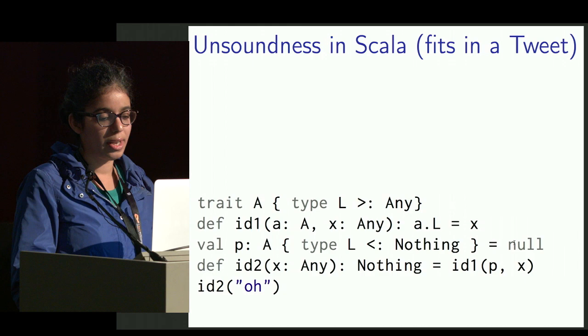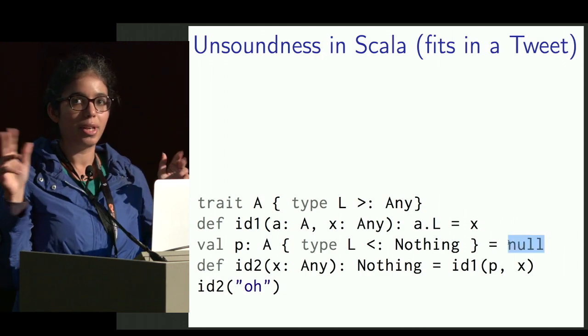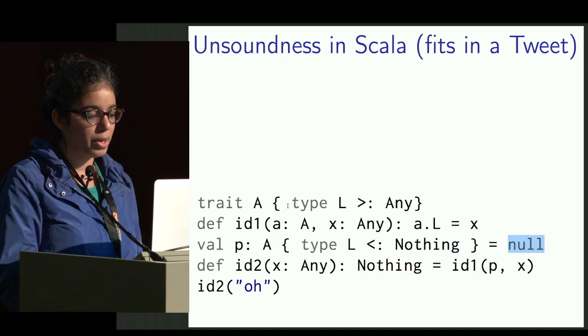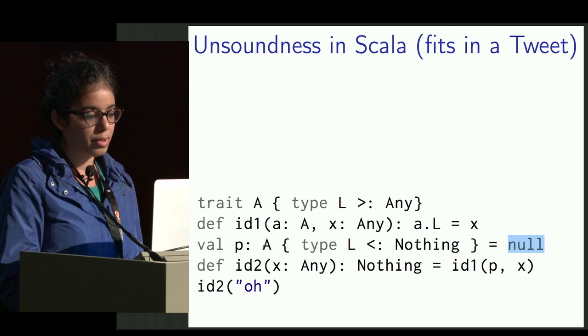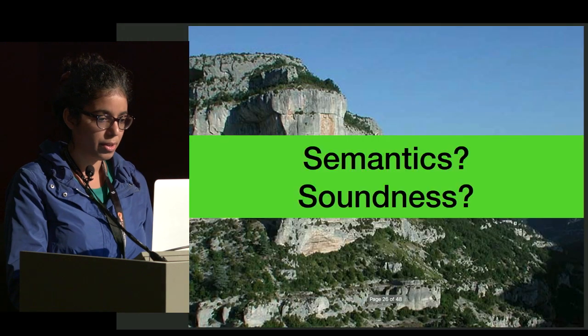And because we're just setting it to null, we don't actually have to show that we have a real object of this type. We're just bypassing that. It is through these bad bounds that we are able to go from an S of any to a U of nothing, if you go back to this rule here.